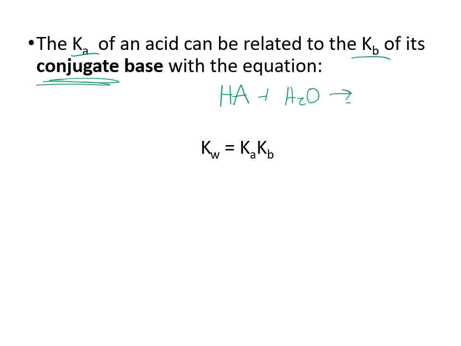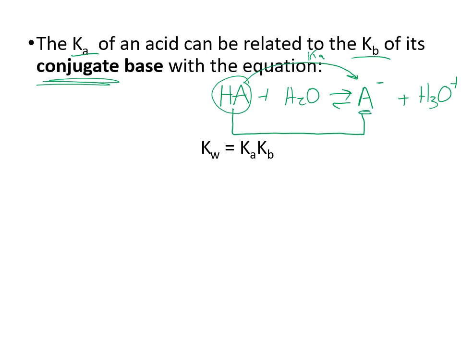In this case, water is going to be acting as the base, and you'll be left behind with this anion, and you're forming a hydronium ion. So this acid and this anion, they are conjugate partners. They differ only by a hydrogen ion. So to the extent to which this shifts to the right, we could think of that as being the Ka of that particular acid.